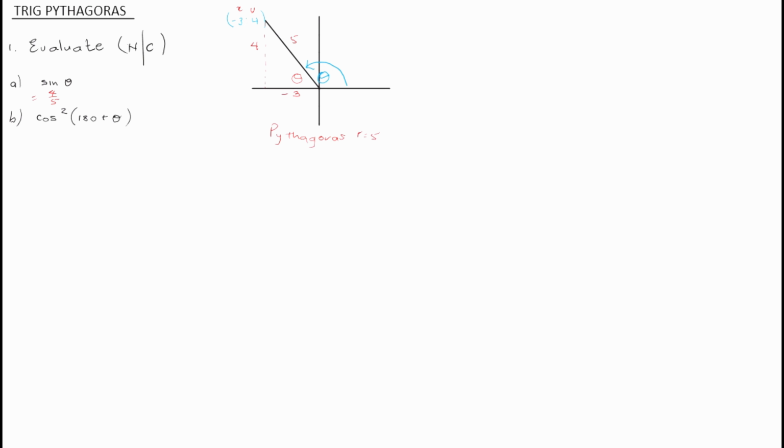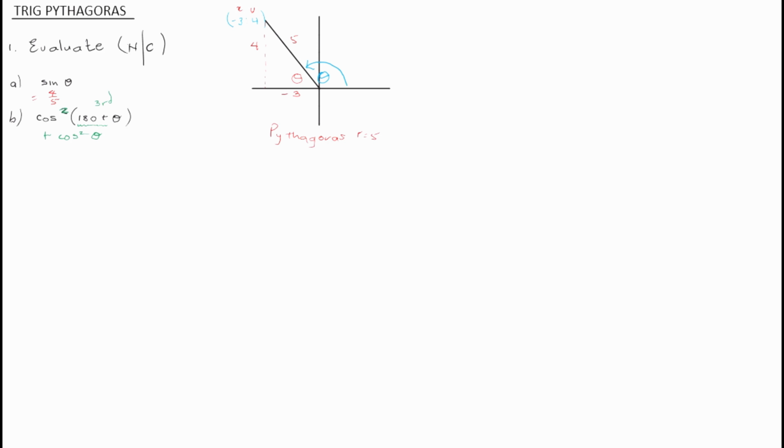Right, the next one, cos squared of 180 plus theta. We are first going to say 180 plus is in the third quadrant, where cos should pick up a negative, but because of the square, it has to be positive. Cos squared theta.